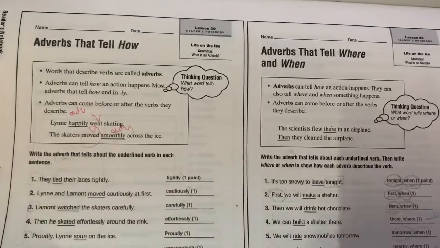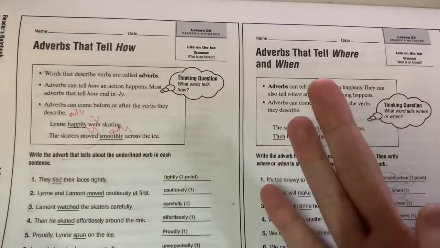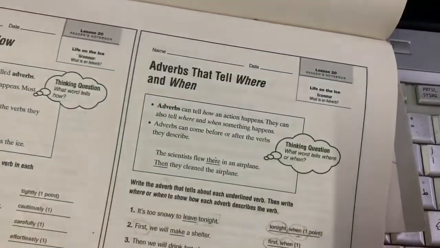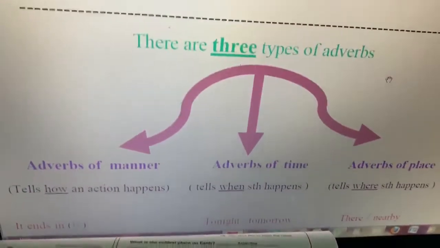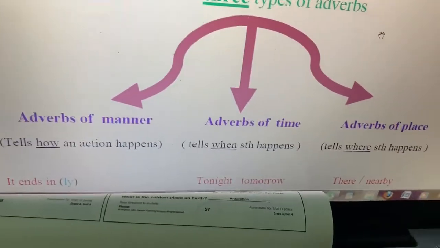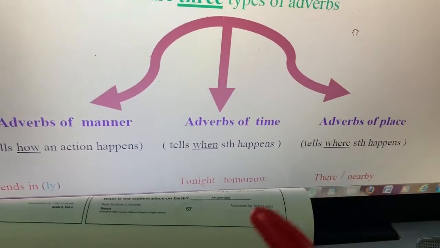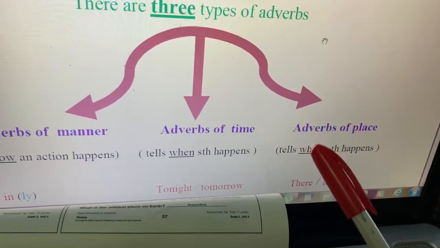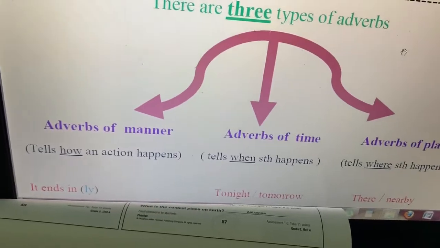We have three types of adverbs. What are they? Number one, adverbs of manner. Number two, adverbs of time. Number three, adverbs of place.